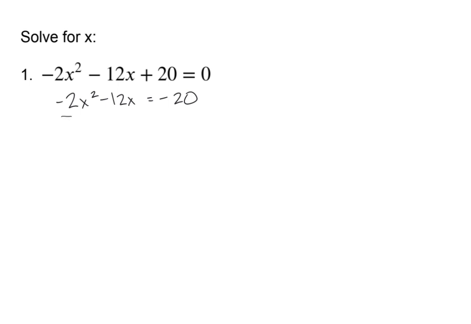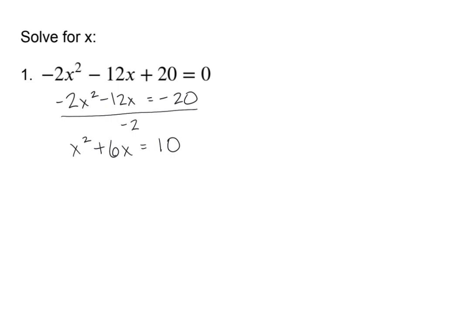So I'm going to divide everybody by negative 2 to get that x squared to be just a 1. This gives me x squared, and a negative divided by a negative is a positive 6x. And over here, a negative divided by a negative is also positive 10.